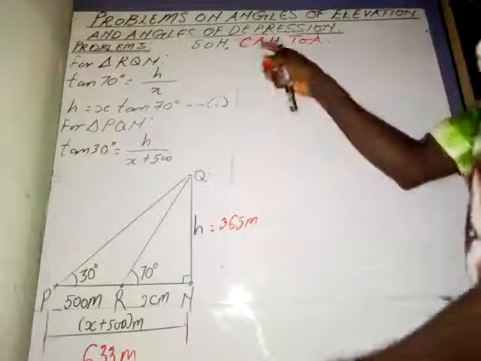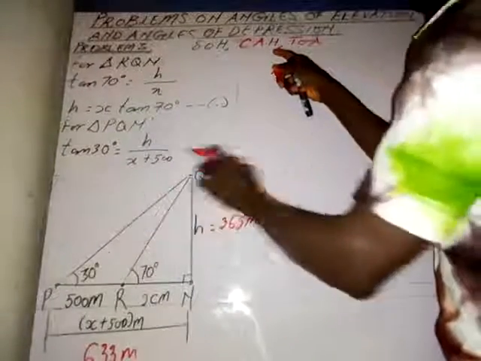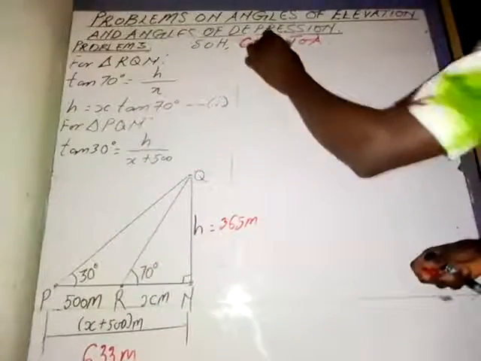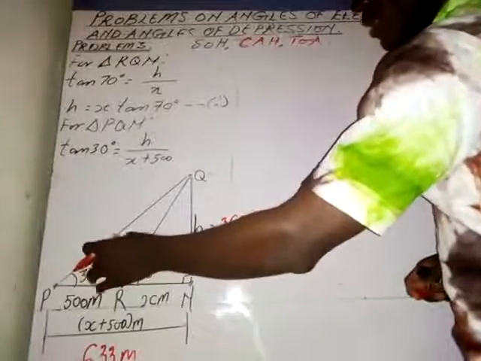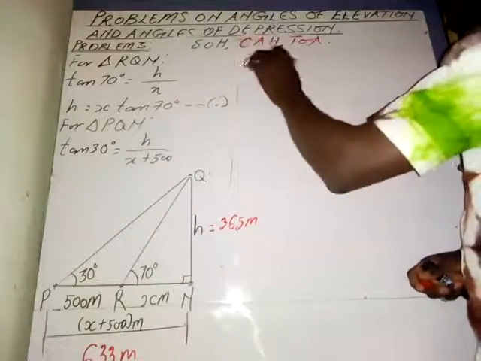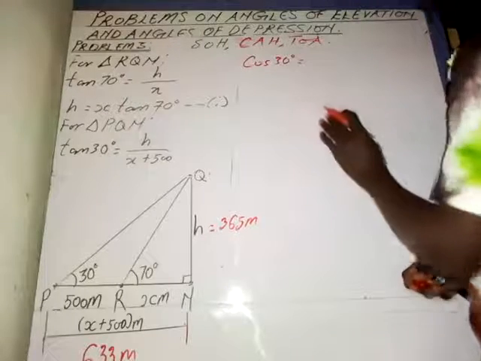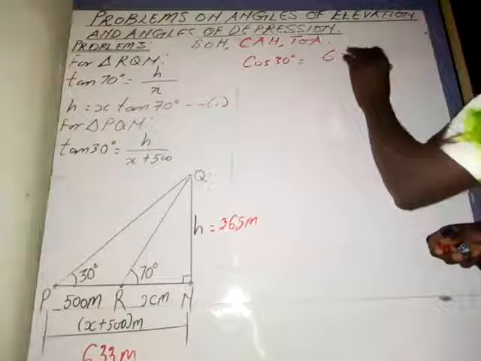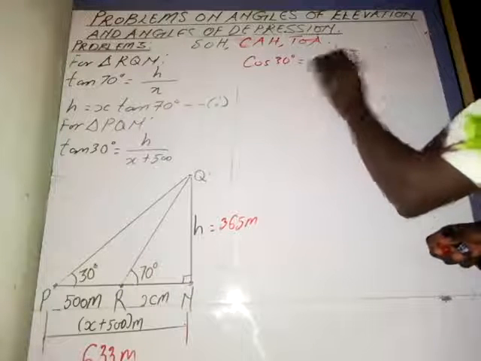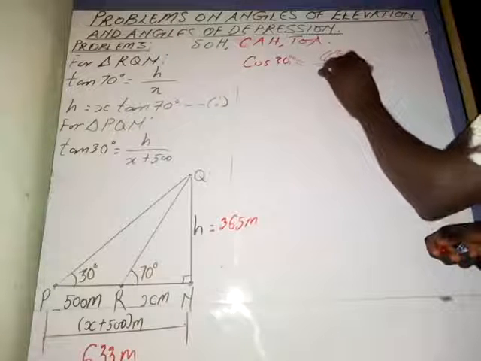So here I have adjacent, and I want to look for hypotenuse, which is QP. I'm making use of this angle, 30 degrees. So here we have cos 30 degrees equal to adjacent 633 over hypotenuse, which is QP.